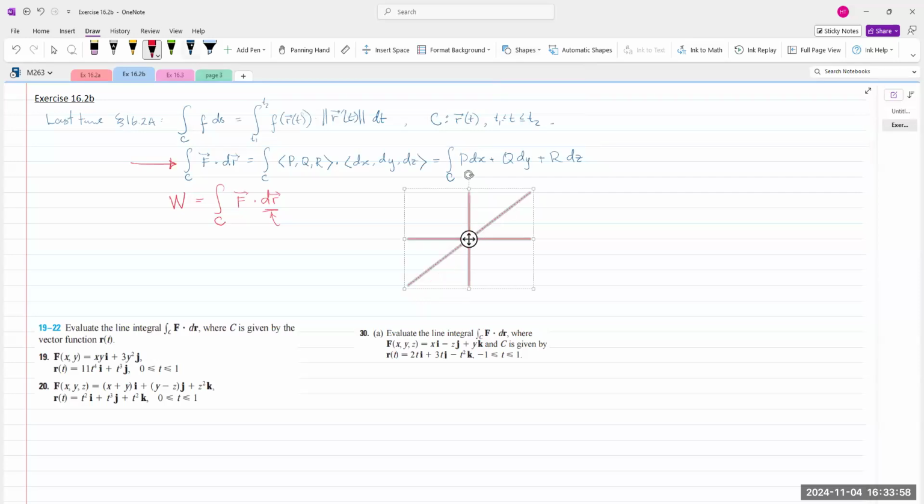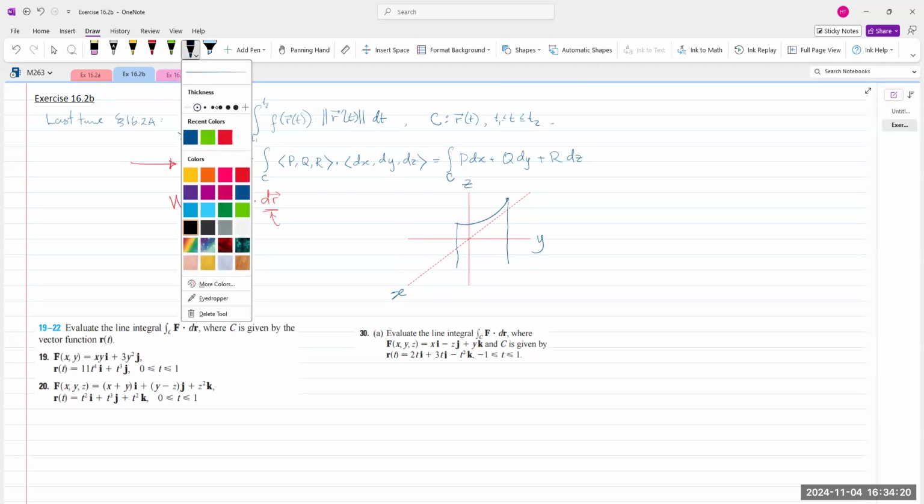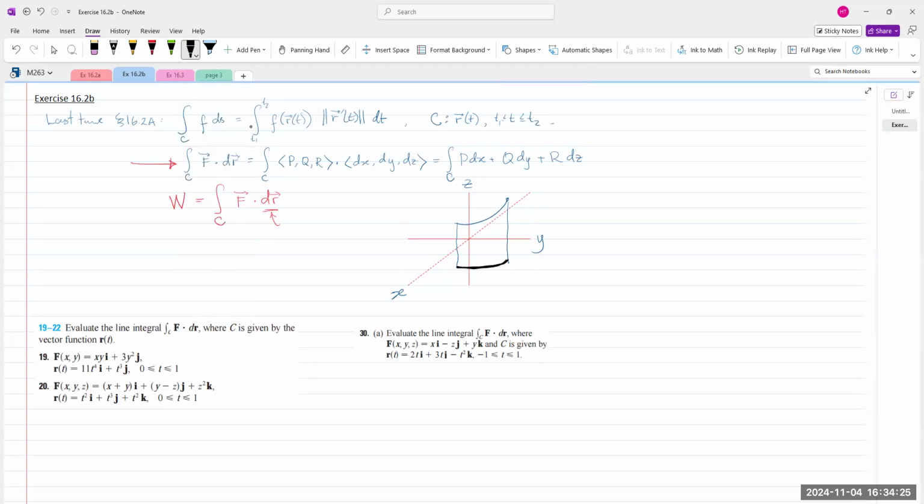So suppose I have the x-axis here, y-axis here, z-axis here, and then I have a curve in 3 dimensions that looks like this, whose projection maybe looks like this. So this is the path on the ground, and this is the curtain. We want to find the area of the curtain.